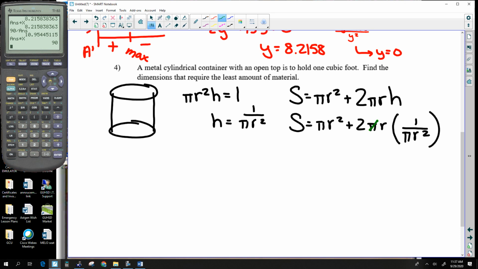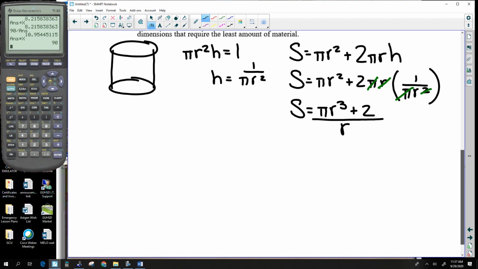So some immediate simplification is pi in one of these r's. That leaves this right-hand side to have a denominator of r. So this is going to be pi r to the third plus 2. Okay, that is the surface area.